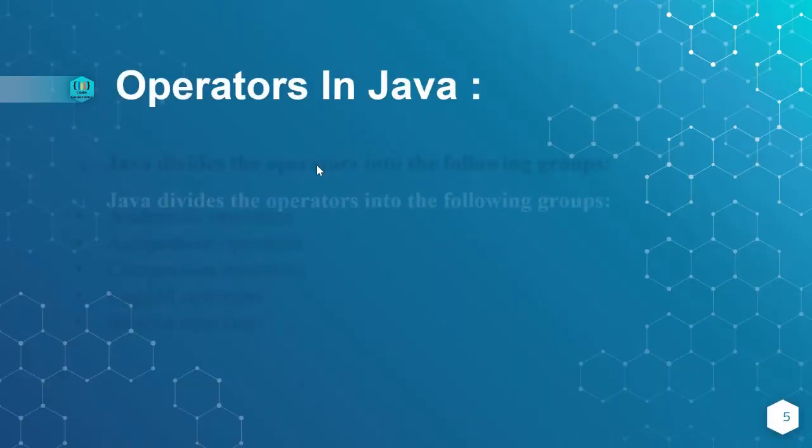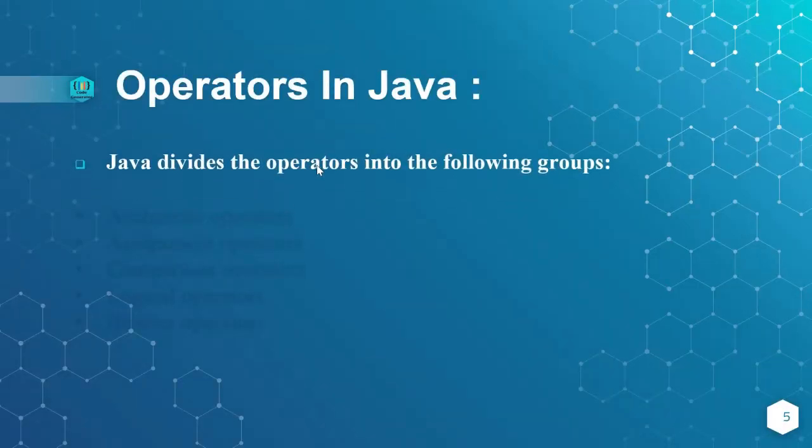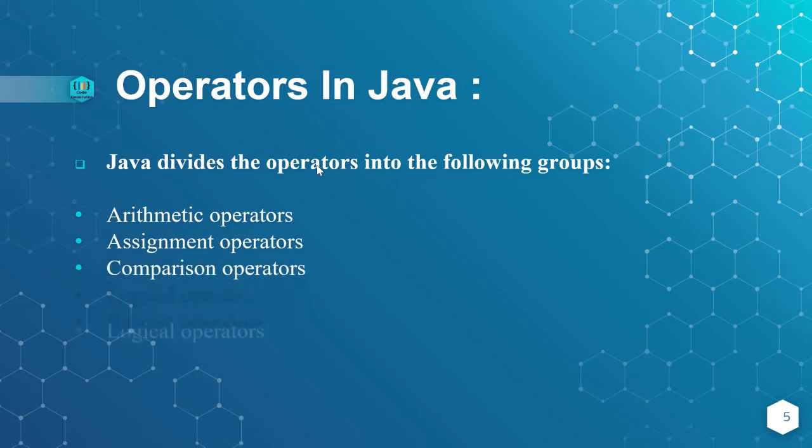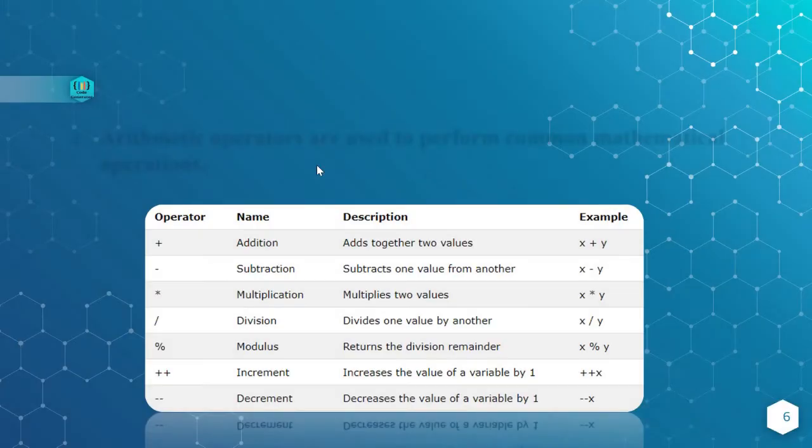So let's move next. Java divides the operators into the following groups. First is arithmetic operators, then assignment operators, comparison operators, logical operators, and bitwise operators. Let's see all these operators in detail.